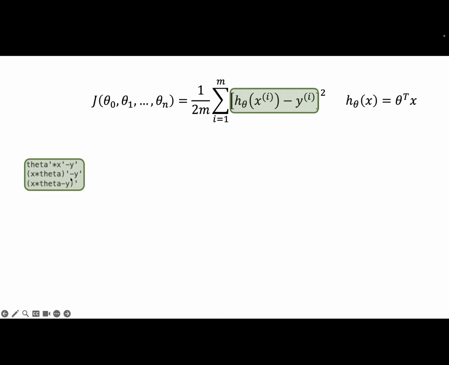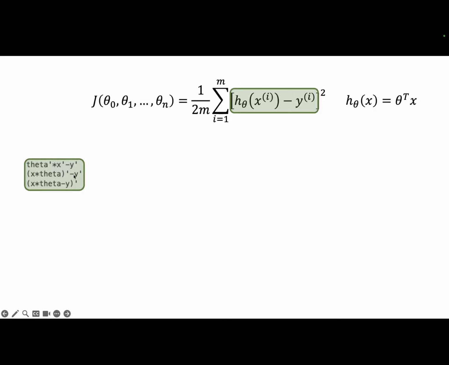Now, ito is just simple na matrix multiplication. Remember na pwede nyo essentially ilabas yung transpose, pero pag nilabas nyo yung transpose, kailangan baliktarin nito. So, matrix x multiplied by matrix theta, close parenthesis, and then kunin nyo yung transpose. Okay, it's the same as this.